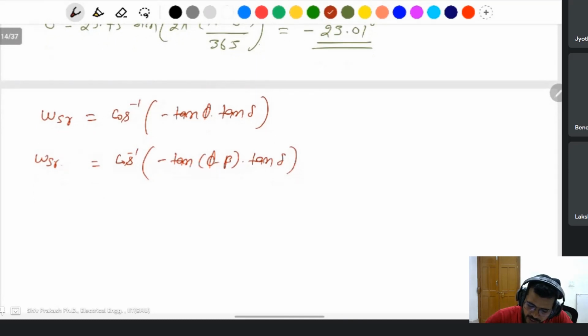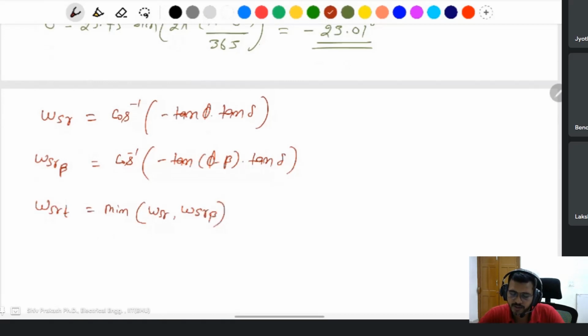This will be the tilted angle, but sometimes it will be greater than omega SR, so you take omega SRT as the minimum of these. Sometimes this angle is greater than this angle because of the mathematical calculation. But in reality, at the tilted surface, the sunrise angle is not more than the untilted angle. That's why the minimum of these is taken.